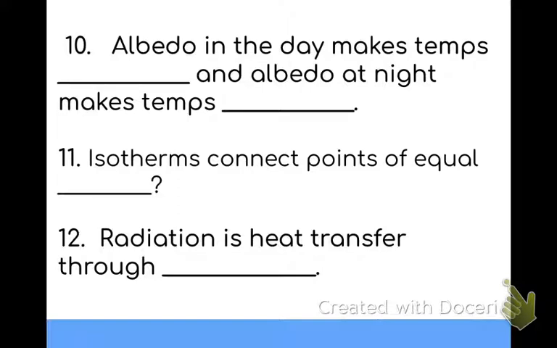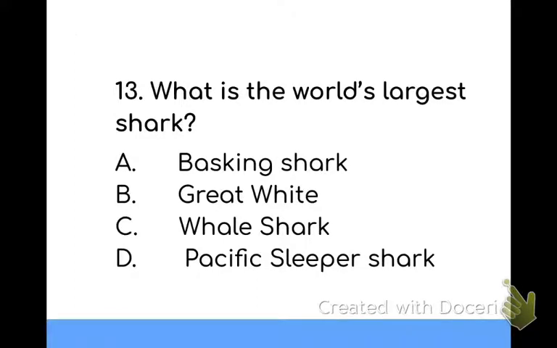Changing slides in 5, 4, 3, 2, 1. 13. Now, you're just going to write down A, B, C, or D. What is the world's largest shark? Okay. Is it the basking shark, the great white shark, a whale shark, or the Pacific sleeper shark?